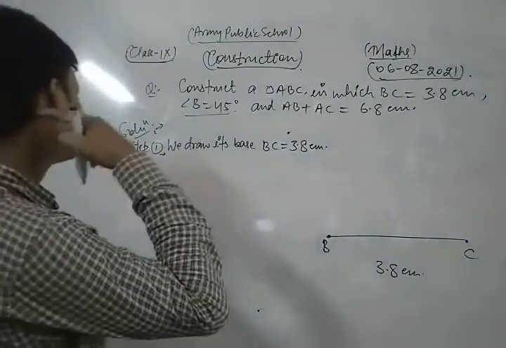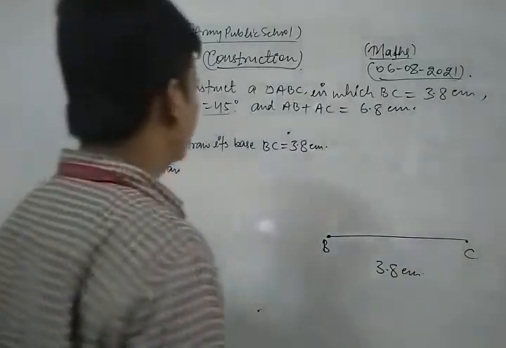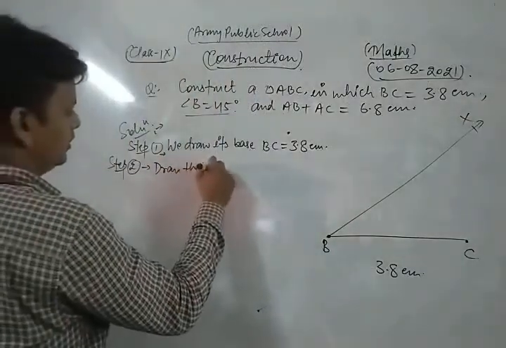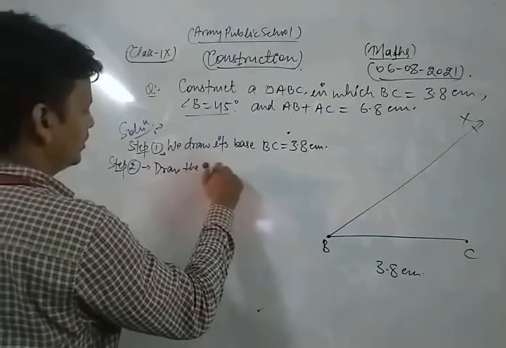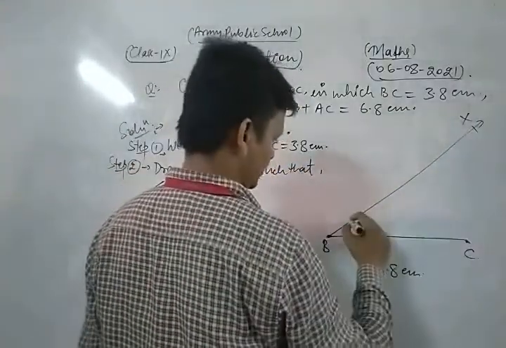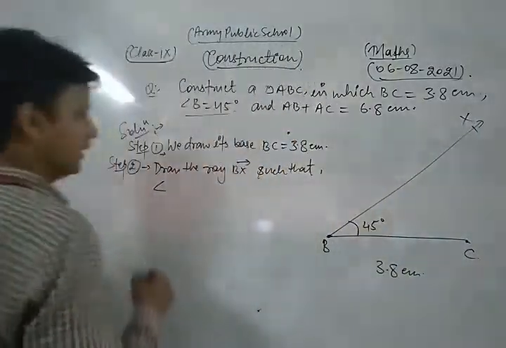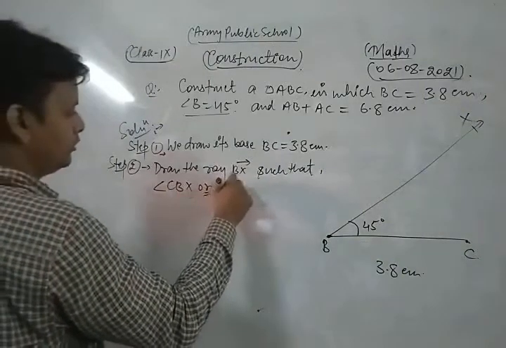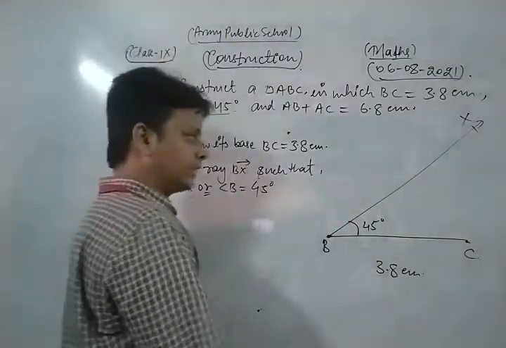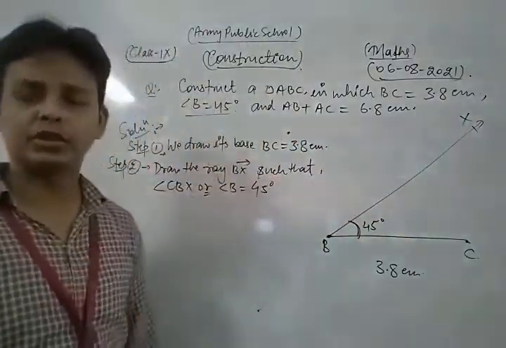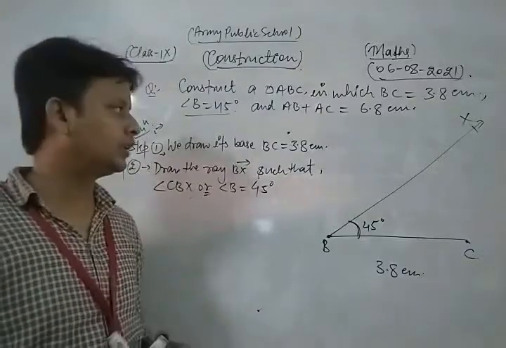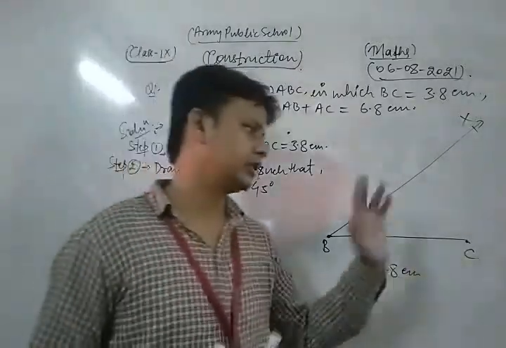Taking B as center, draw a ray BX such that angle CBX, or simply angle B, is 45 degree, with the help of a protractor. In the first step we drew the base BC as 3.8 centimeter.